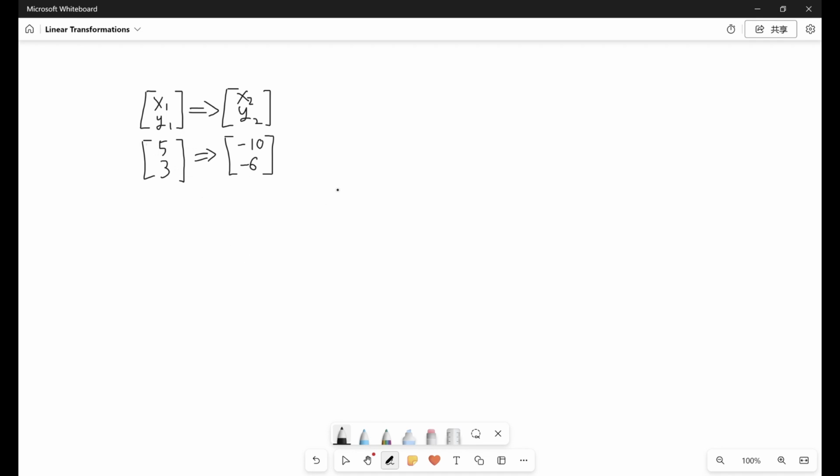You enlarge the vector by 2, so you stretch it by 2, and then you reflect it across the origin.